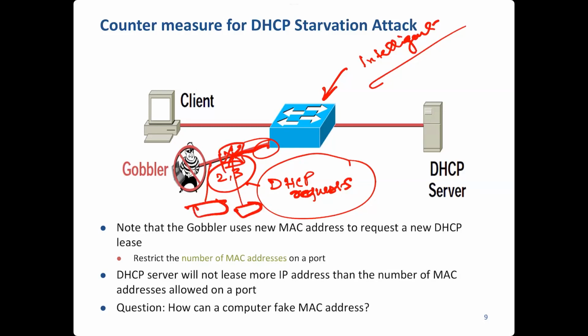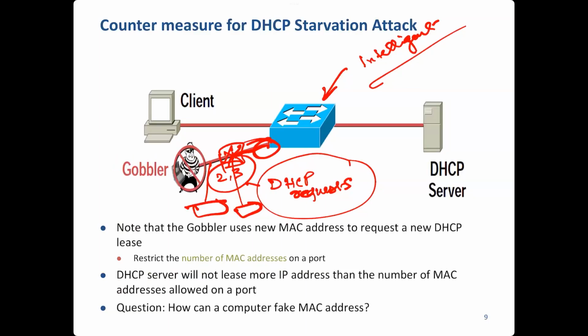So you will have to restrict it to a certain number of DHCP requests that can come on a port. So what you studied was the starvation attack, which means that you starve others from getting DHCP parameters. Any question?